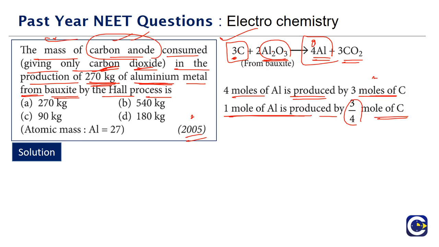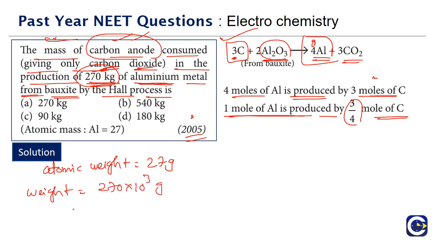Now what is the amount of aluminum that is produced? 270 kg. What is the atomic weight of aluminum? The atomic weight of aluminum is 27 grams. The amount of aluminum produced is 270 kg, which is 270 into 10 power 3 grams if you convert this into grams.